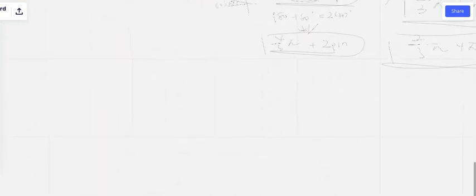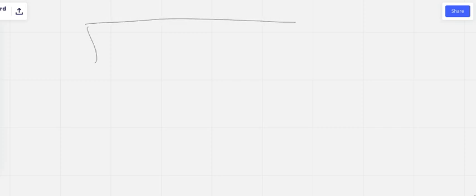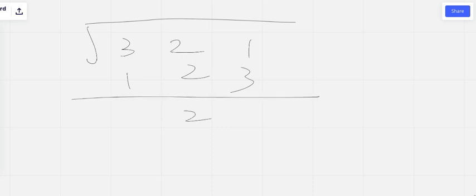Okay, so now it's time to sum up everything we have learned so far. We learned how to get a faster way to remember the unit circle, which is 3, 2, 1 and 1, 2, 3. And this table is actually pretty quick to make, so during the exam you can write it in a very small corner.